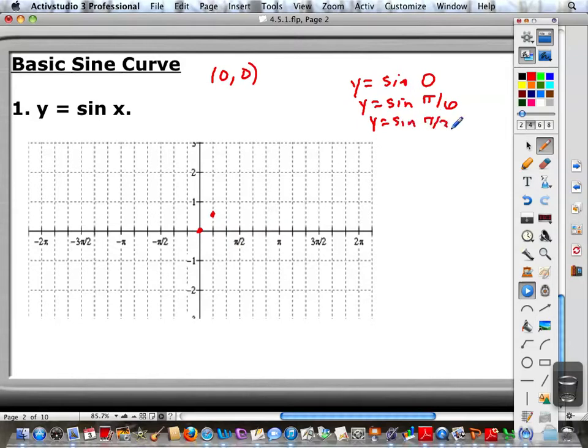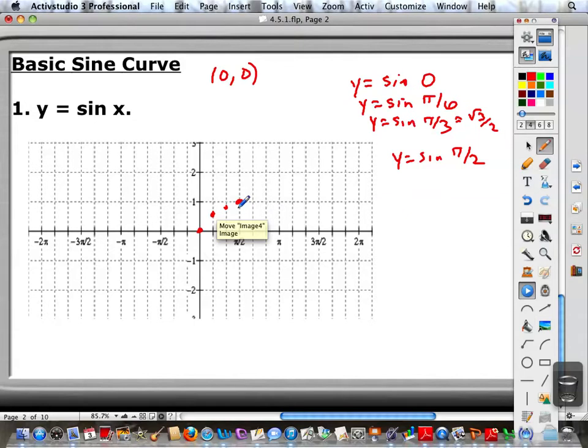Sine of pi over 3 was square root of 3 over 2, so that's going to be just a little bit higher. And what about the sine of pi over 2? Remember, the sine of pi over 2 was 1.